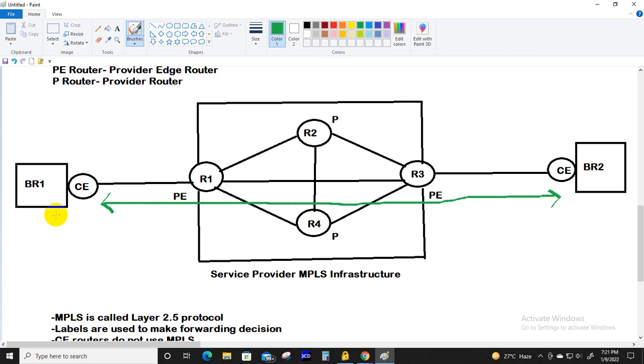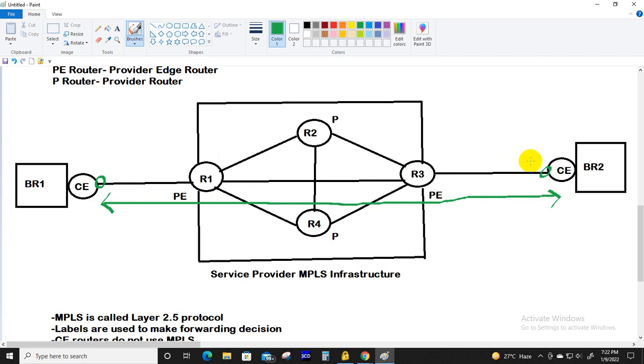Now, the IP address must be in same subnet between the CE routers. The IP address of this interface and the IP address of this interface must be in same subnet.